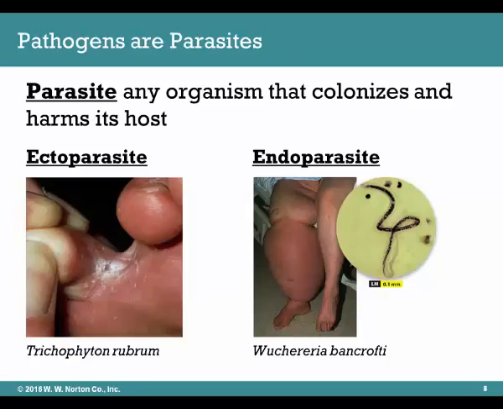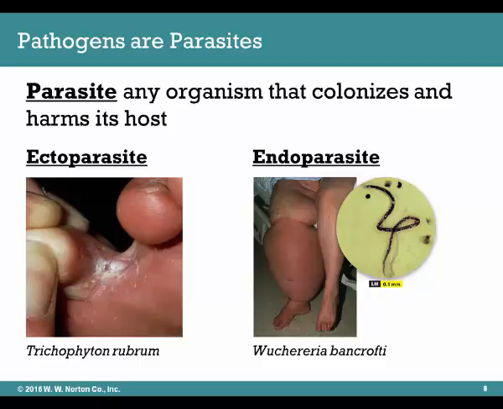A parasite is the way that we describe all pathogenic microorganisms because it's able to harm the host. Normal microbiota can colonize the host, but they don't harm it. And a parasite or a pathogen, which all pathogens are parasites, are ones that are harming the host.